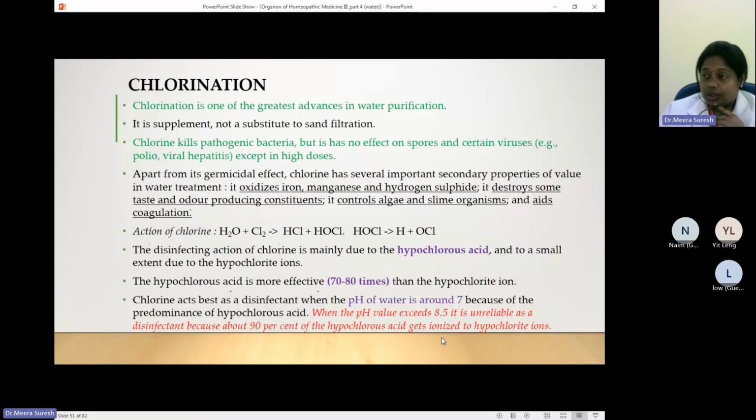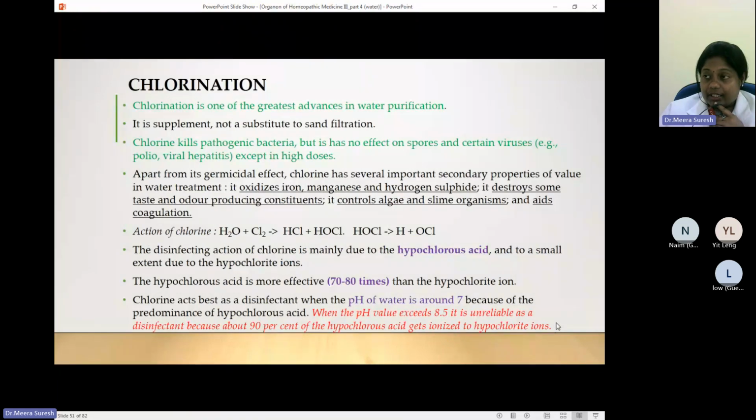Or even if we do, what happens is, when water and chlorine are mixed and the water is at a pH of 8.5, most of the hypochlorous acid that is formed, 90%, gets converted to hypochlorite ion.